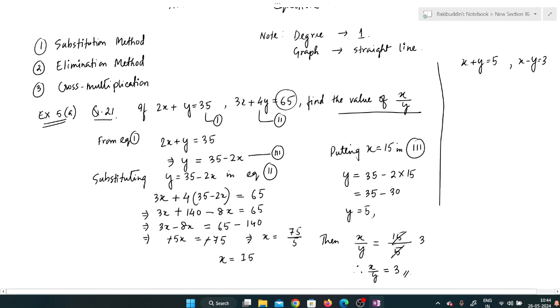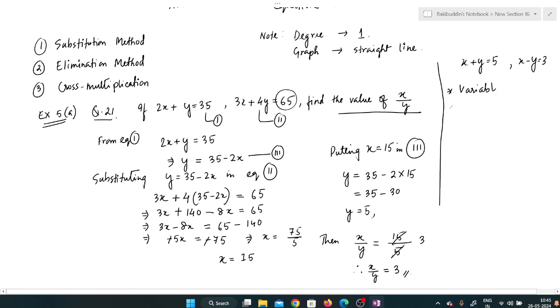I hope this question is clear, and the method of substitution. So what we have learned here is the substitution method. We will use it only in those types of questions where we see that variables are without any coefficients. Okay, that will be the best thing.